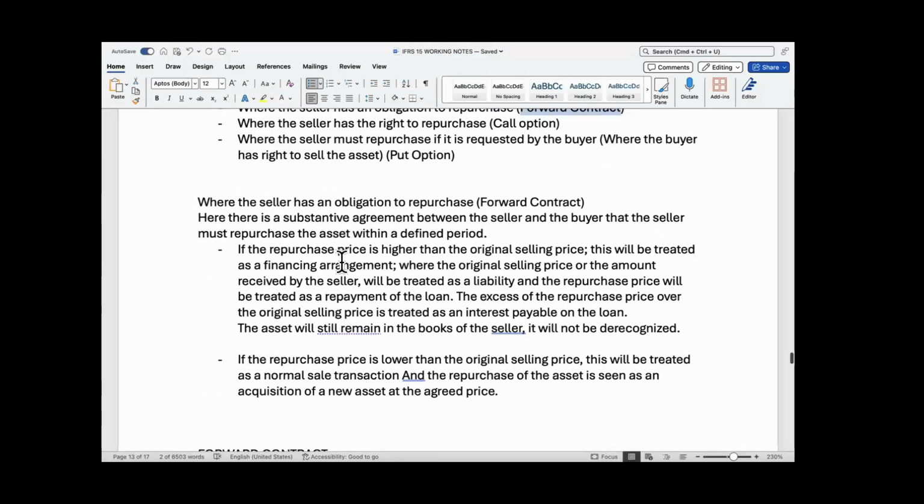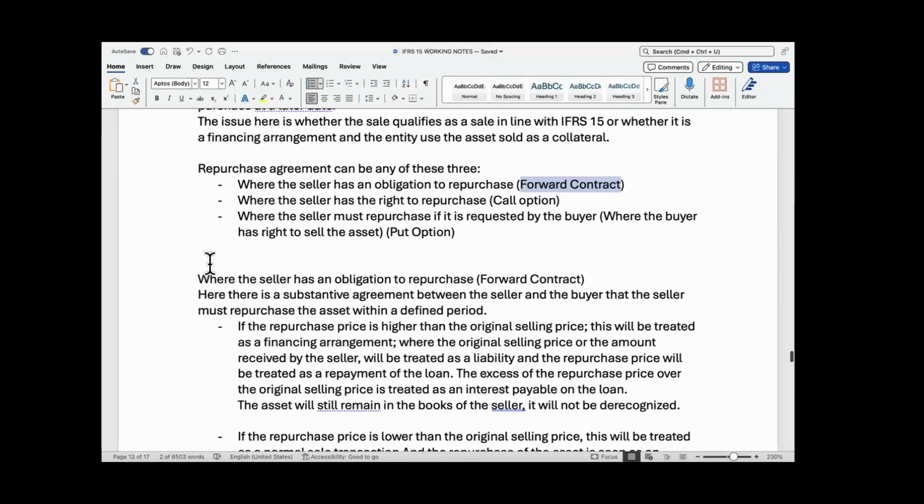Then we picked them one by one. I started with the first one, which is where the seller has an obligation to repurchase. The agreement between the seller and the buyer is that the seller must repurchase the assets within a defined period. And I told you that if the repurchase price is higher than the original selling price, we are going to treat that as a financing arrangement.